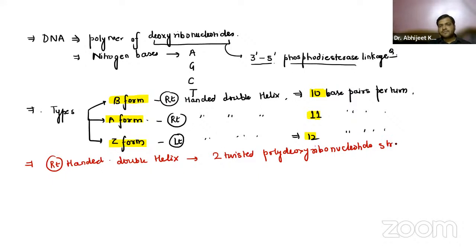So we have two strands, guys. One running in the 5' to 3' direction, and one running in the 3' to 5' direction. The rule says that they are anti-parallel in nature, the one which you already know from +2.